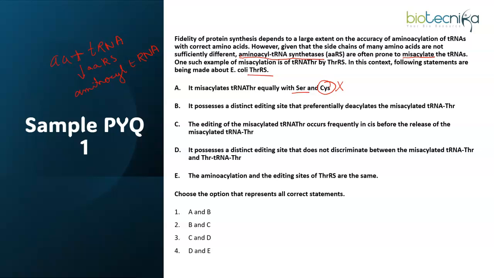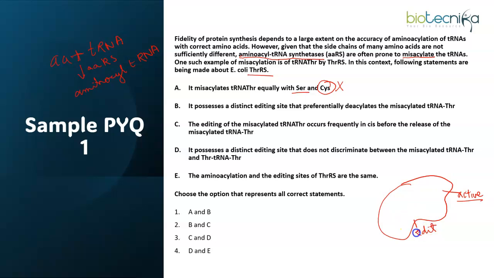Second, it possesses a distinct editing site that preferentially deacylates the misacylated tRNA threonine. That is actually true. When we see the structure of amino acyl tRNA synthetase, roughly if I draw, it will have two sites. This is the active site, which is used for amino acylation. Then there is the editing site.